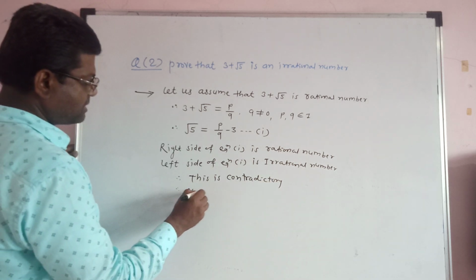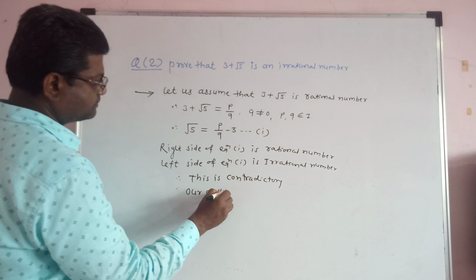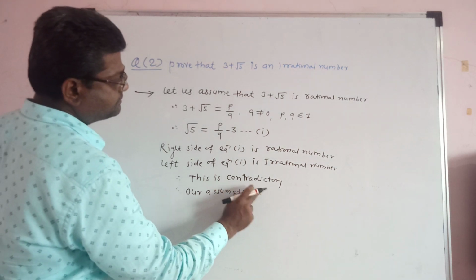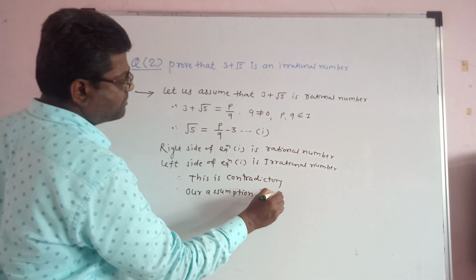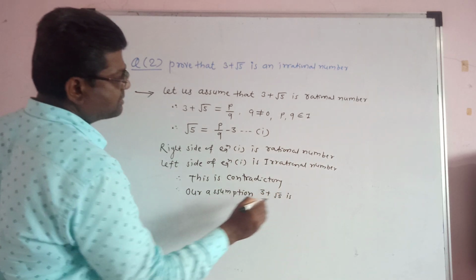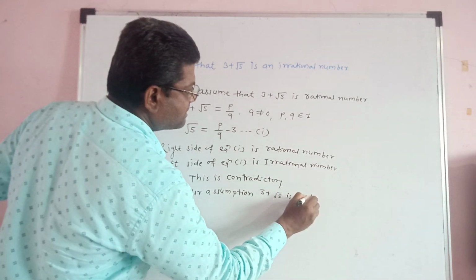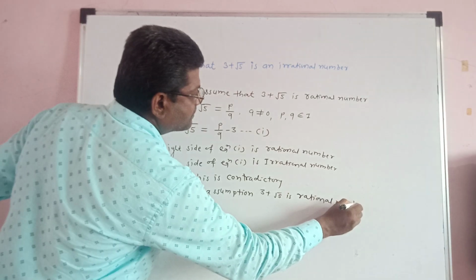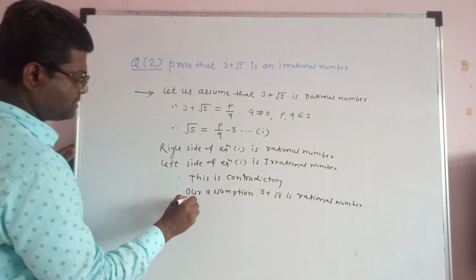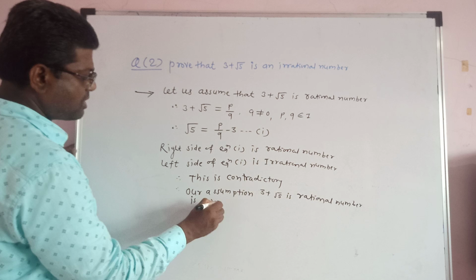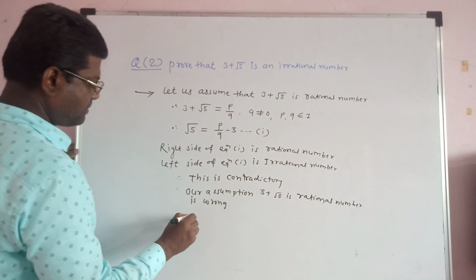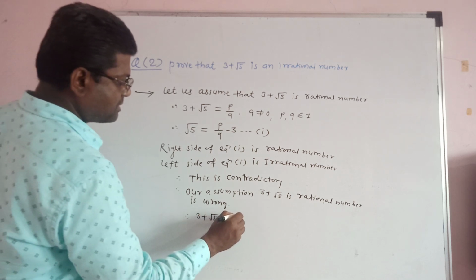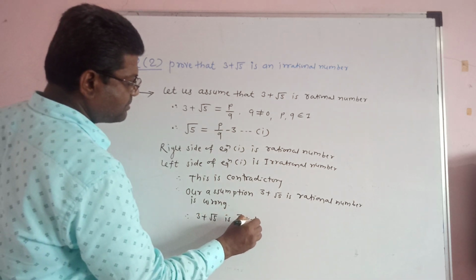Therefore, our assumption that 3 plus root 5 is a rational number is wrong. Therefore 3 plus root 5 is an irrational number.